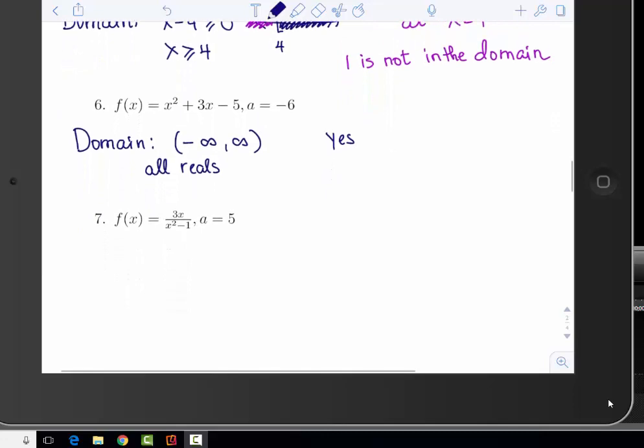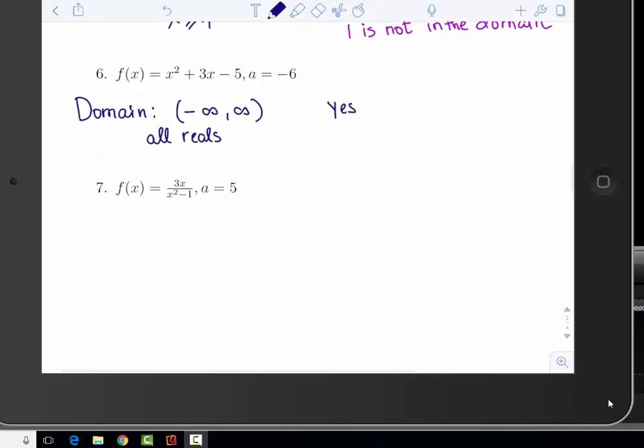Next example, we have a rational function. For these functions, we don't say that it's automatically all real numbers, right? So we need to see what makes the denominator 0. So what is the domain? The domain is x is not equal to plus or minus 1. Or you can say we go from negative infinity to negative 1, not including, right?